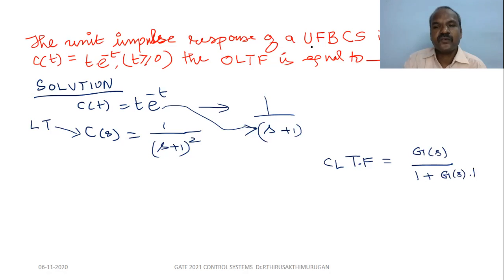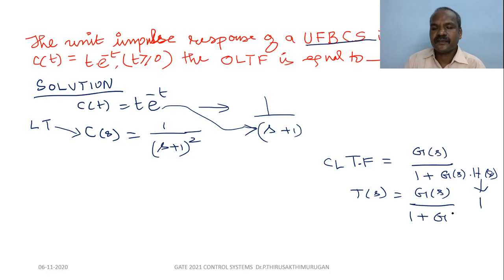Since it is a unity feedback control system, H of s equals 1. So simply T of s equals G of s divided by 1 plus G of s. We have to find the open loop transfer function of the system, so G of s.